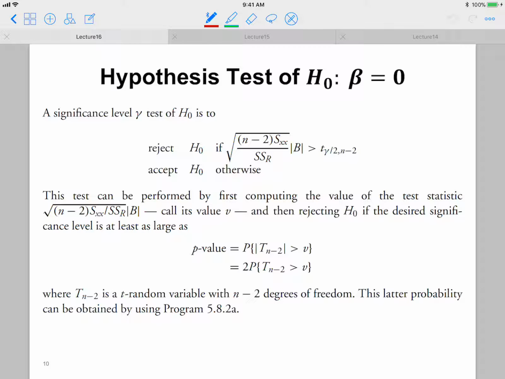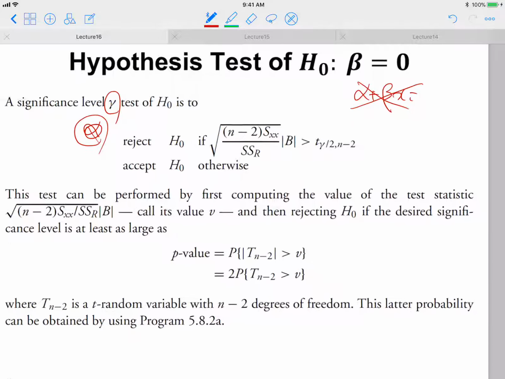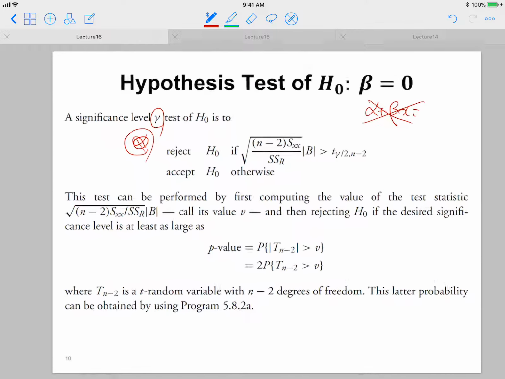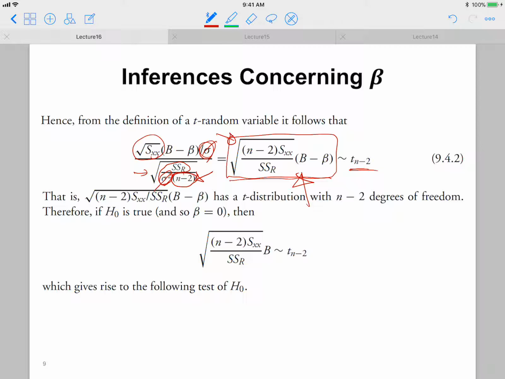Here, instead of using alpha, because we are already using alpha in our true parameter alpha plus beta xi, we now use a different notation, gamma. And if this value, I mean the absolute value, exceeds T of gamma over 2 with n minus 2 degrees of freedom, that's when we reject the null hypothesis.